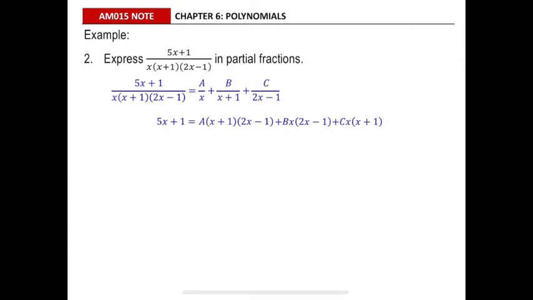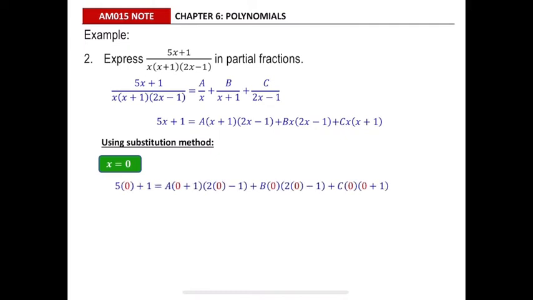We can solve it by the substitution method. We substitute x equals 0 first, which comes from the linear factor x. Since these two are multiplied by 0, these two parts disappear, and we will get the value of A. Next, we substitute x equals negative 1.